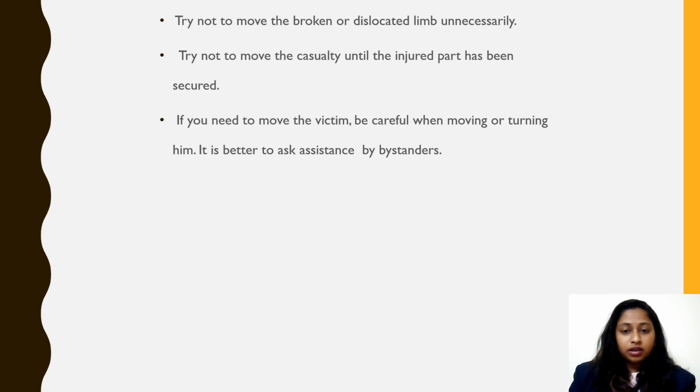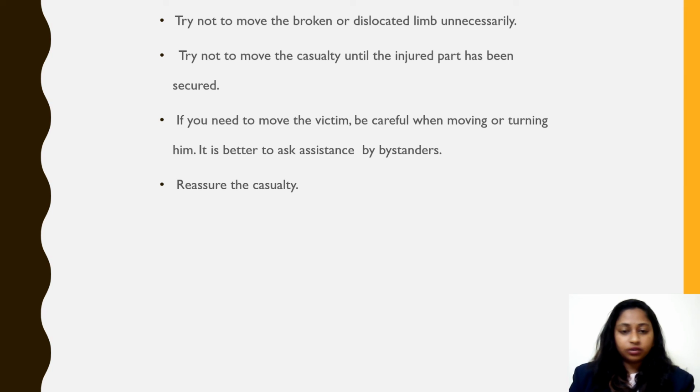The third important part is that when you are turning him or moving him from one side to another, make sure you are very careful about the position of the hand or the leg, wherever the fracture is. Next, you have to reassure the casualty.